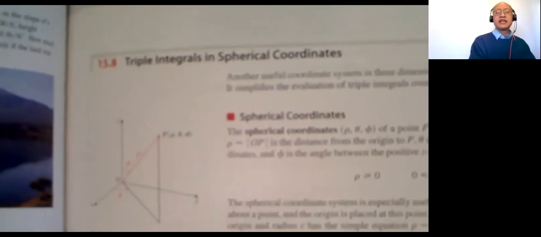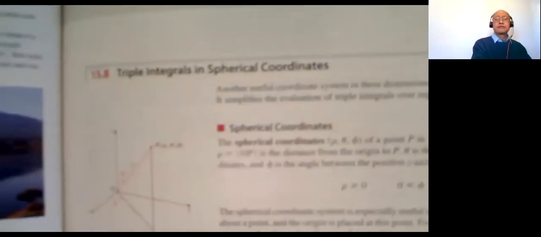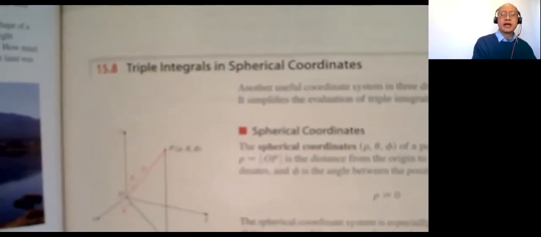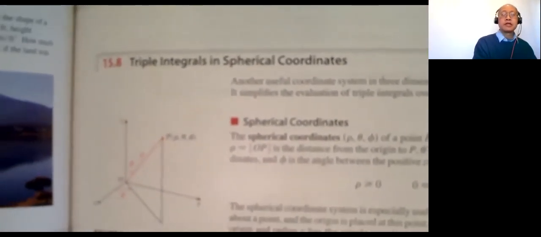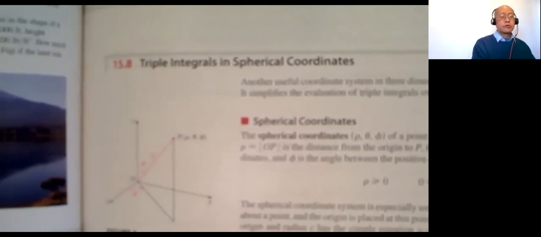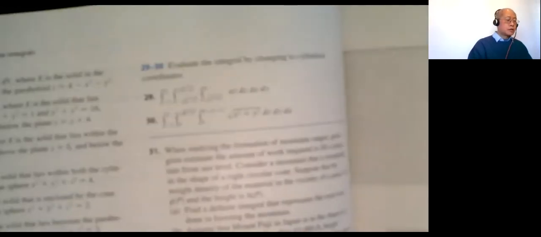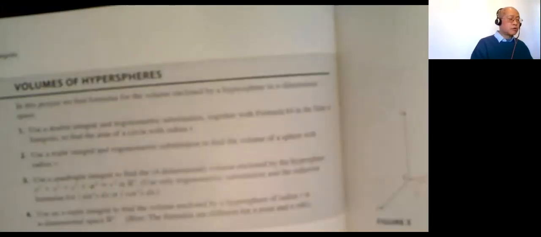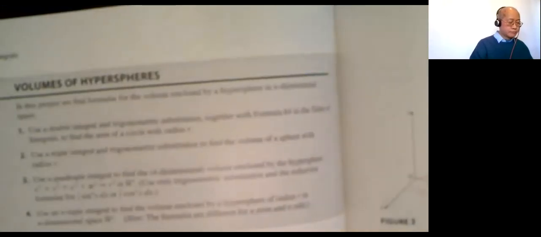So we have our regular rectangular coordinates. So dV is dz dy dx in some order. dz dy dx is our so-called favorite. We had cylindrical coordinates last time, which is really just polar coordinates and then leave z alone.